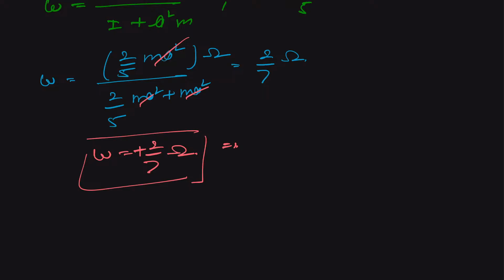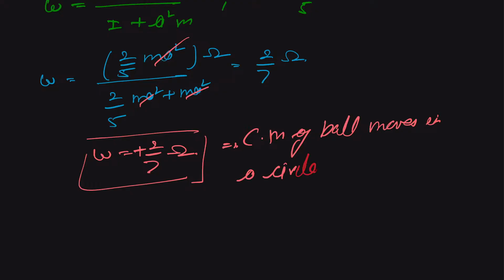So you can say the center of mass of the ball moves in a circle in the same direction as the turntable.